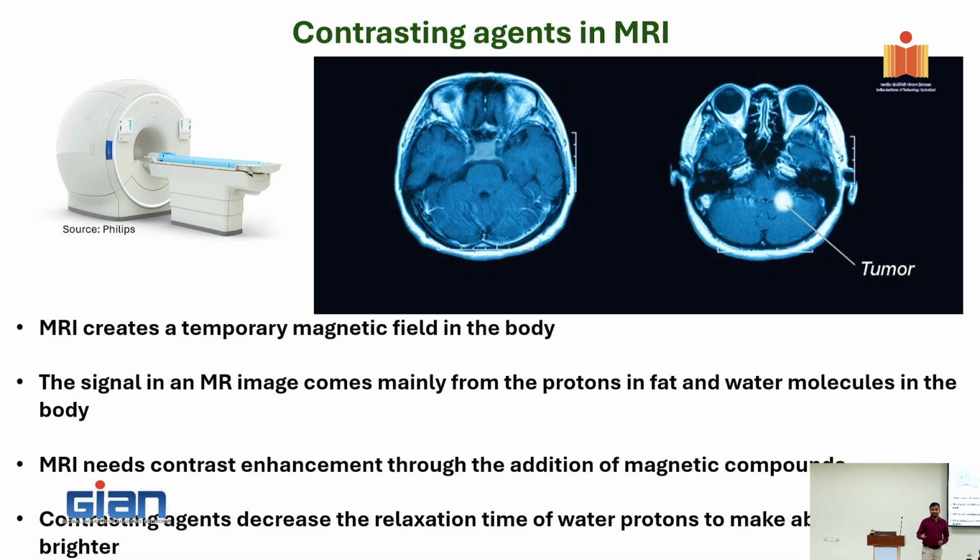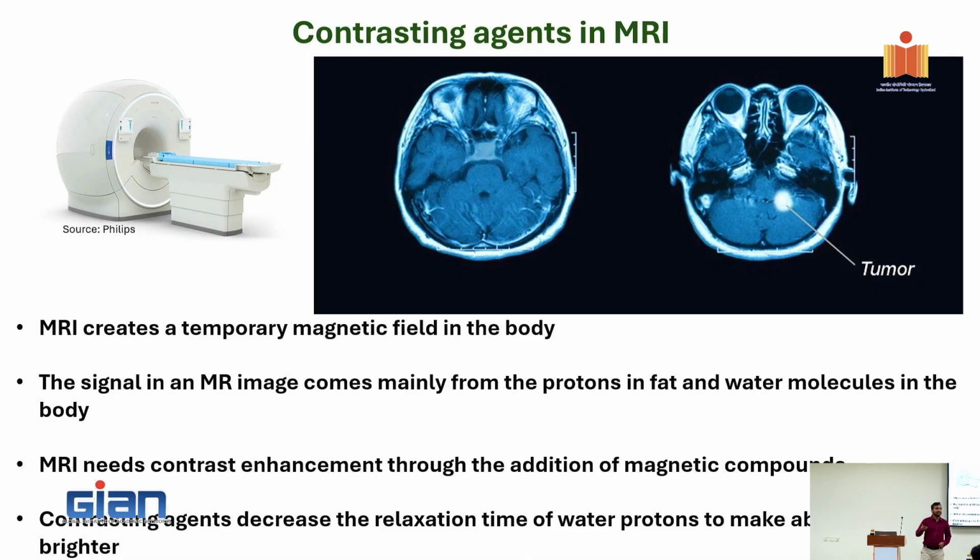This contrasting agent helps us differentiate abnormalities in tissues in the body. Without contrasting agents, all the tissues in our body look the same, and it's very difficult to identify which tissue or organ is abnormal or normal. Those are known as contrasting agents.